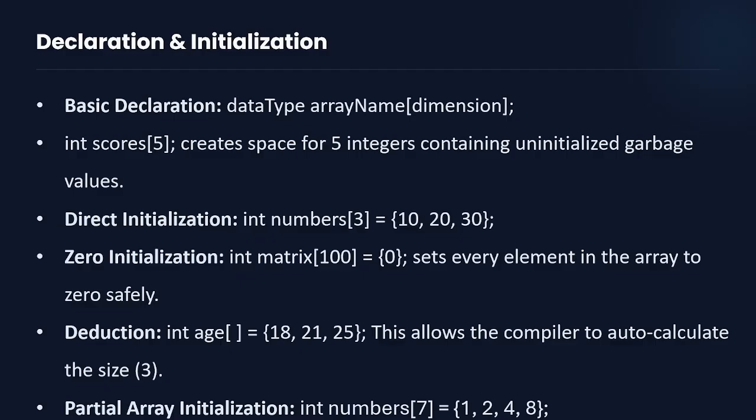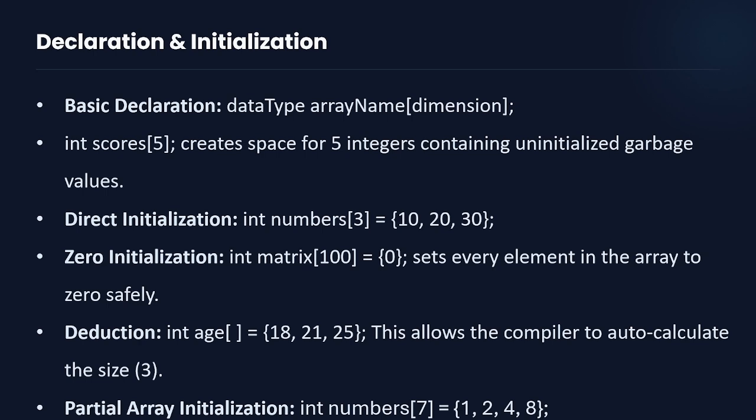Then we also have direct initialization. With direct initialization, what we have here is creating an array of type int. The data type is int. Then the array name is numbers with a size of 3.